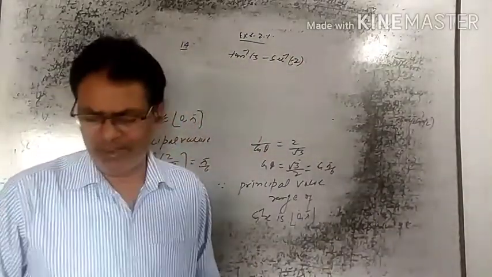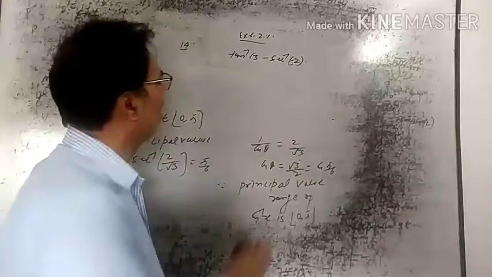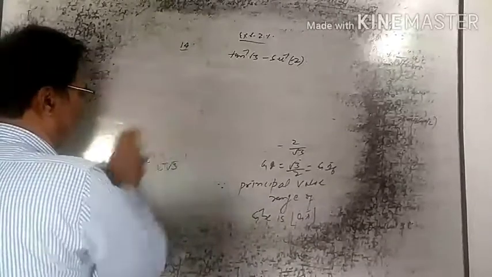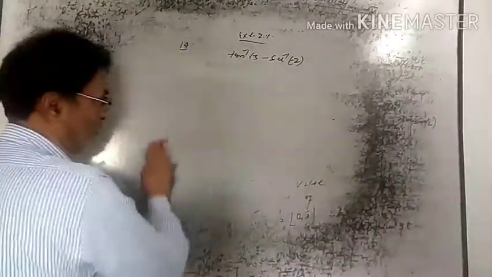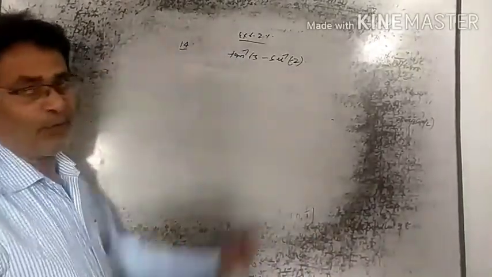How can we find the principal value of this function? First of all, we find the principal value of tan inverse root 3, and next the principal value of sec inverse minus 2.